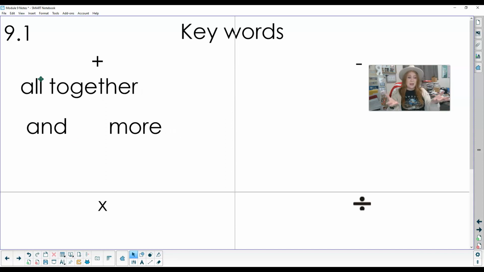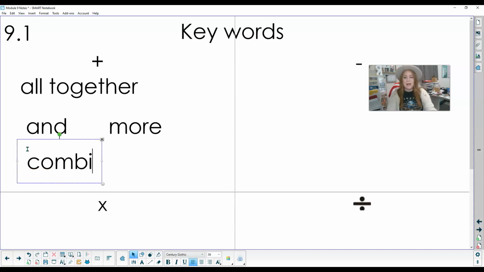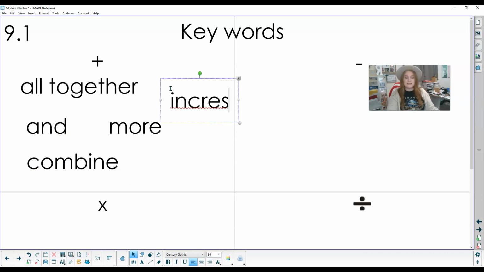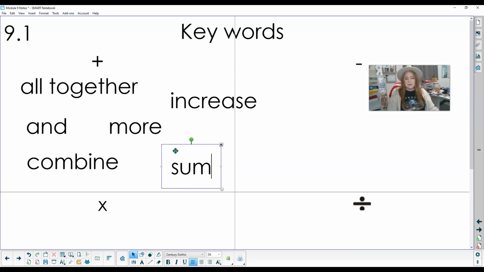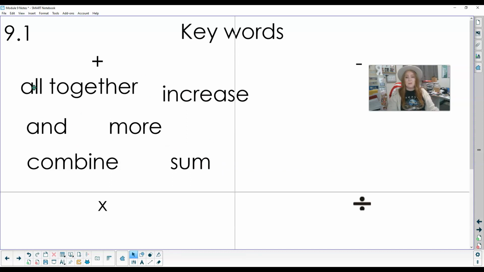I'm putting them together, I could combine them, increase, and these are a sum. These are just a few here that mean add. So pick 3 or 4 of those to write down.